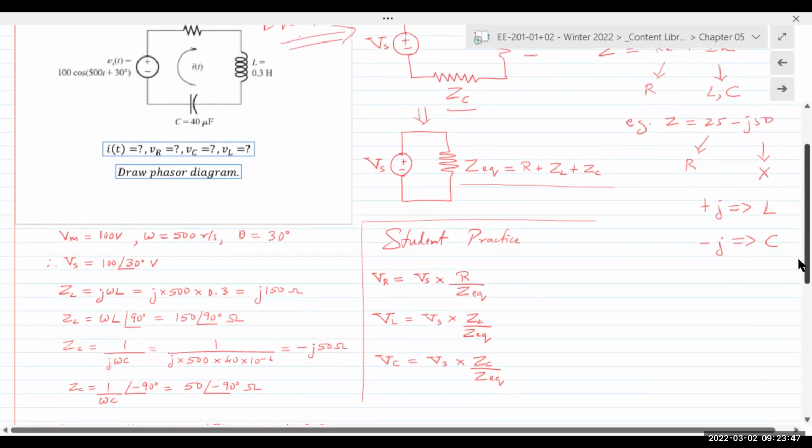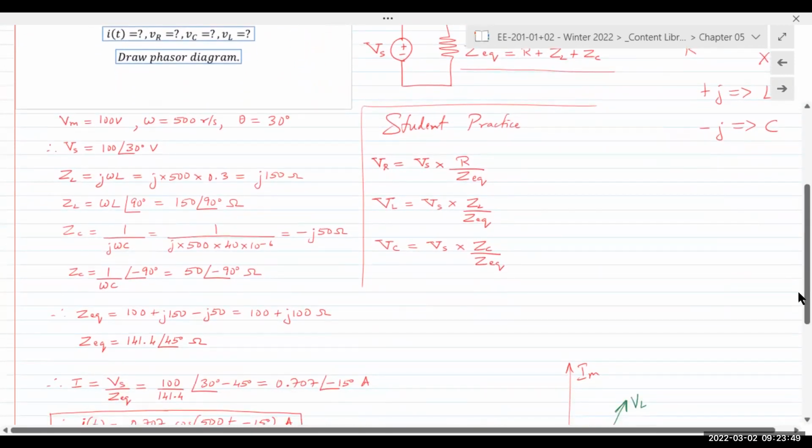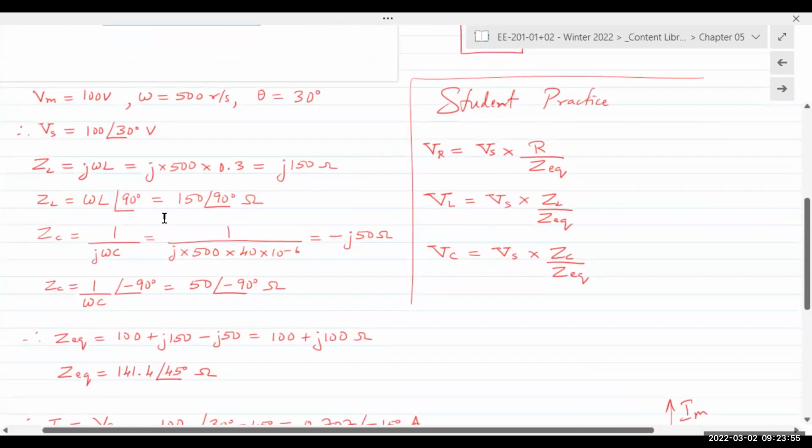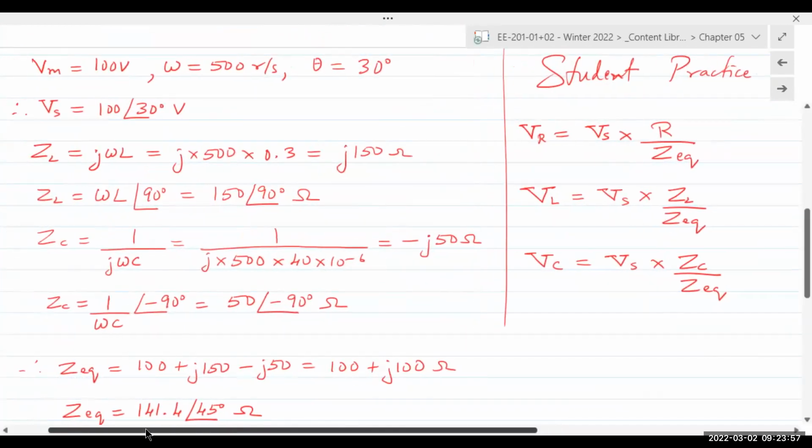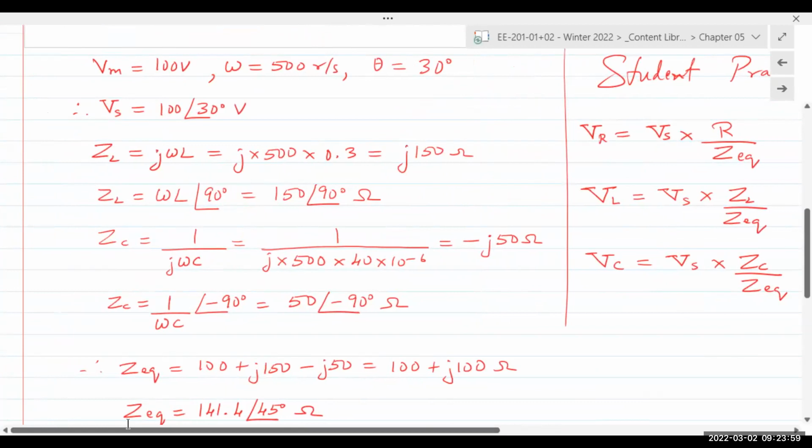I already know R. I need to find ZL and ZC, which is here on the left. So the next step after drawing out the equivalent impedance diagram is to extract the other information. I compare the information given to me with the standard expression for a time varying signal.